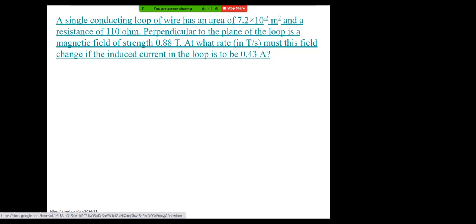Perpendicular to the plane of the loop is a magnetic field of strength 0.88 Tesla. At what rate in T per second must this field change? Okay, so that's the rate of change. If the induced current in the loop is to be 0.43 amps.